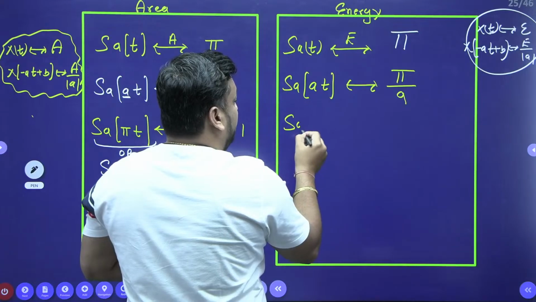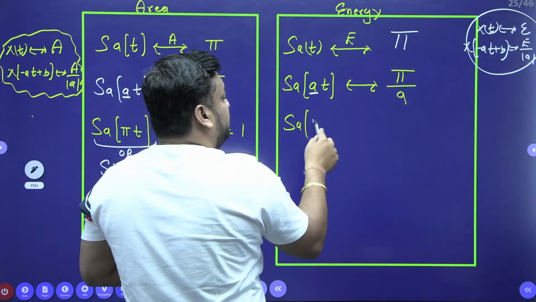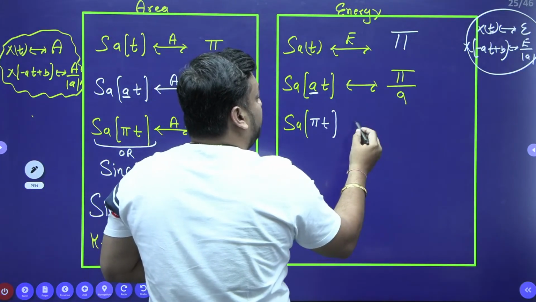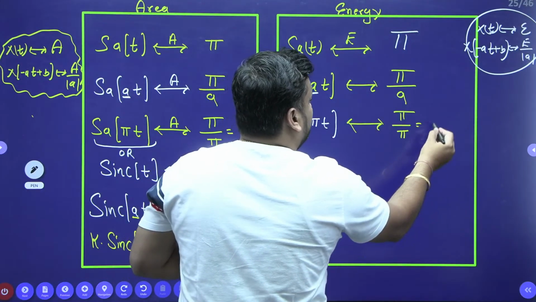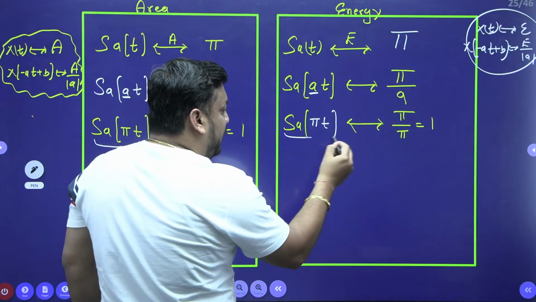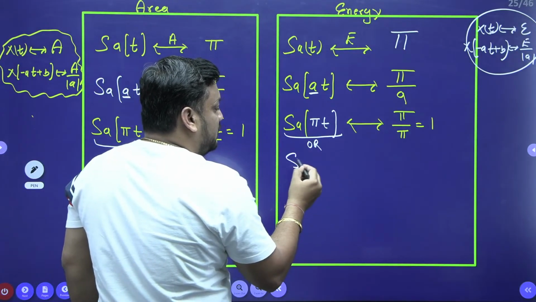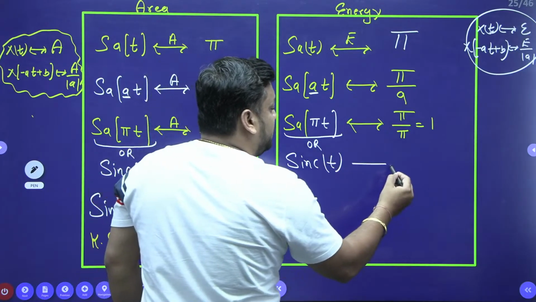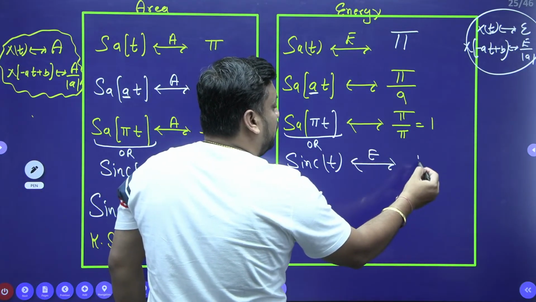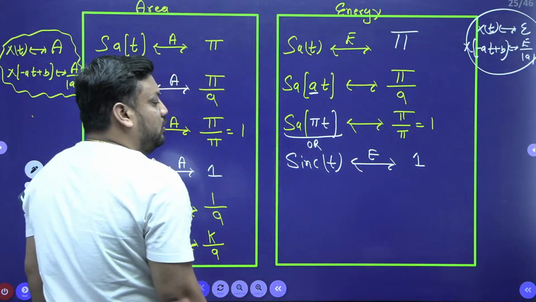So if I replace a with pi, then sampling of pi t energy is nothing but pi upon pi, so it is 1. And sampling of pi t is equivalent to the sinc function of t. So it means the sinc function of t energy is also 1.